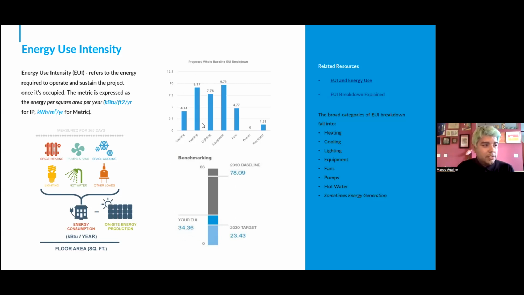And then your EUI is broken down into these different categories: cooling, heating, lighting, equipment, fans, pumps, hot water. And then based on what's dominant, so in this case, it's probably an island project, we have dominant equipment, dominant heating. We need to incorporate more strategies like possibly passive solar heating, so bigger windows, maybe less insulation in the roof or in the walls, depending on where you're located.